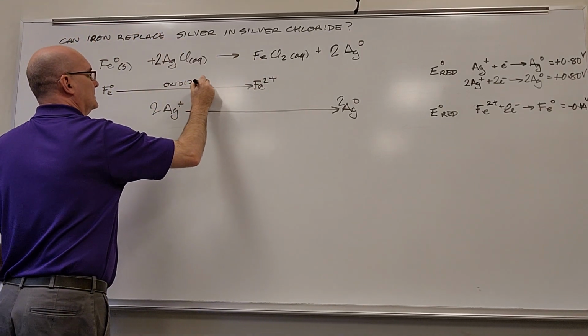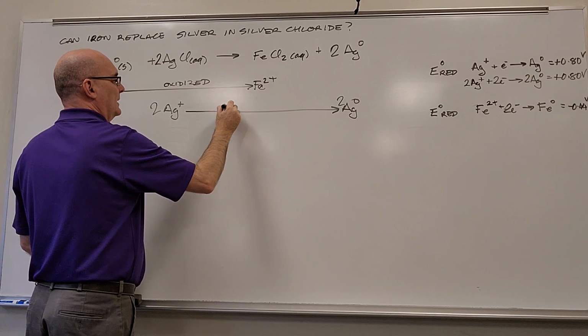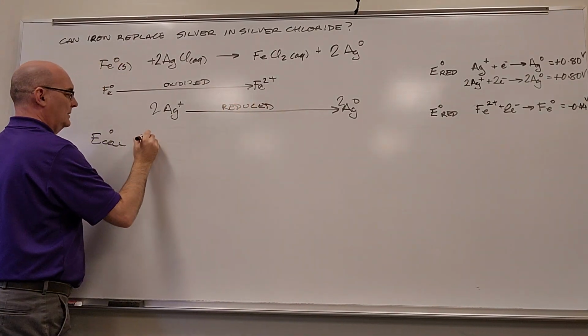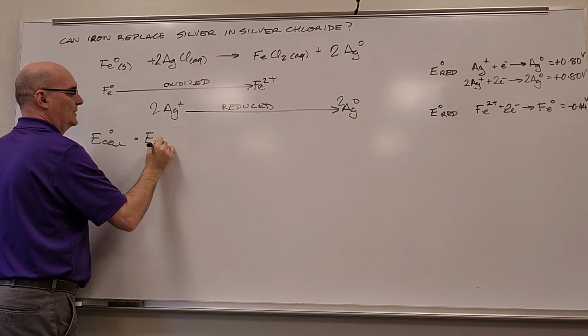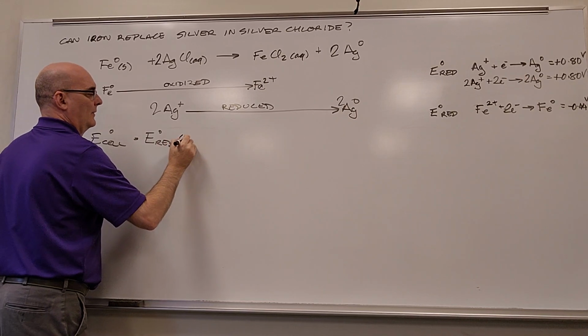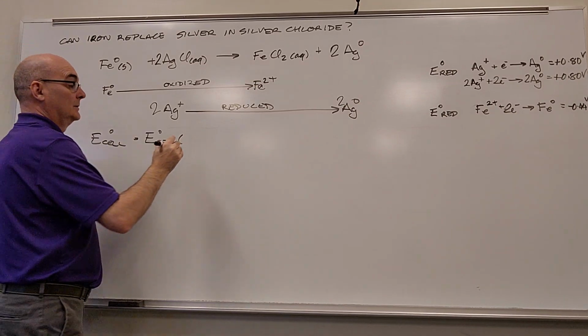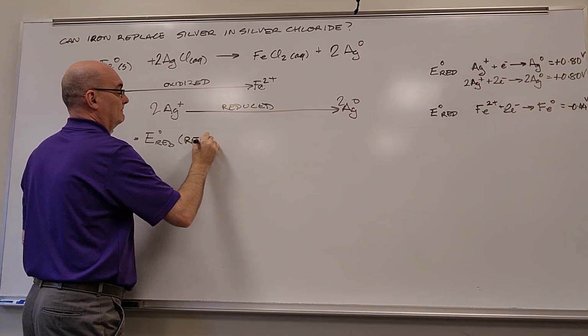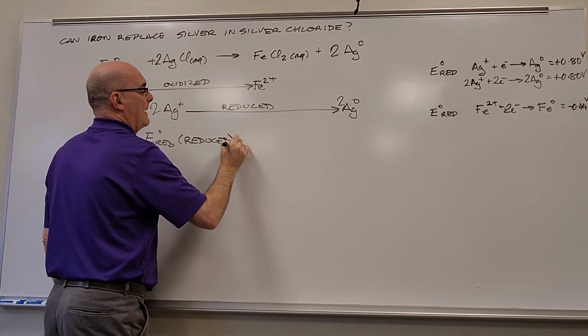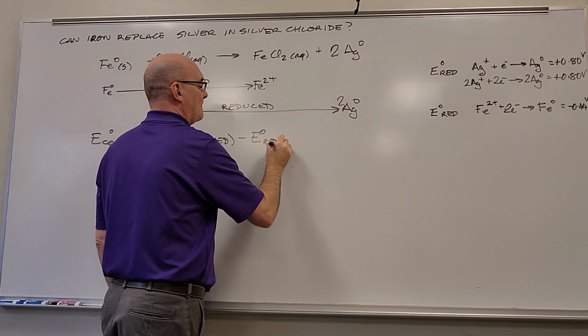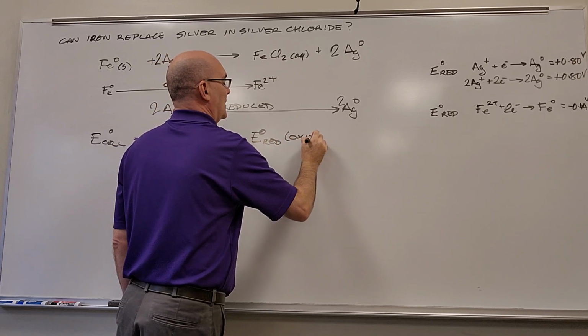I'll just say iron. And this one is reduced. Okay, so E cell is the reduction potential of the thing being reduced minus the reduction potential of the thing being oxidized.